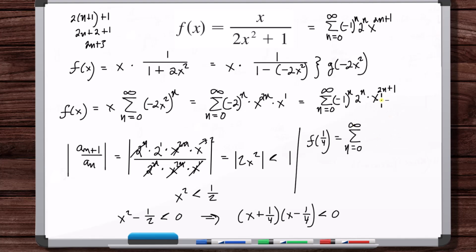All right, 1/4: minus 1 to the n times 2 to the n times 1 over 4 to the 2n times 4, because that's 4 to the 2n plus 1, right? But then 4 to the 2n, that's 2 to the 4n.